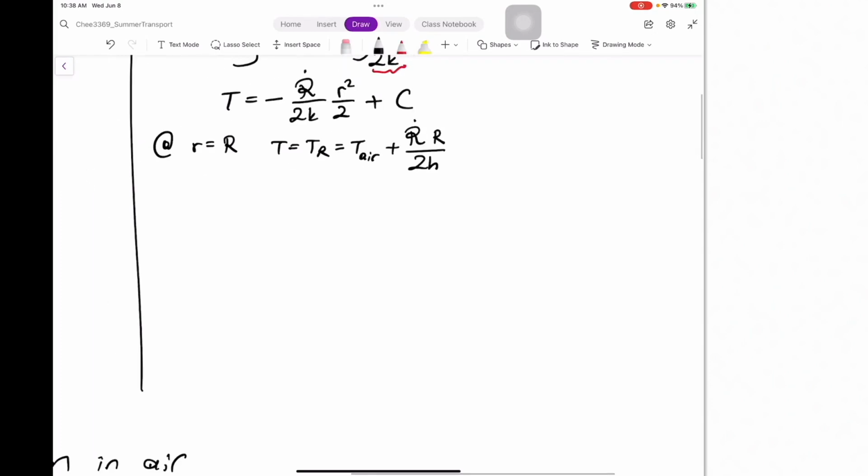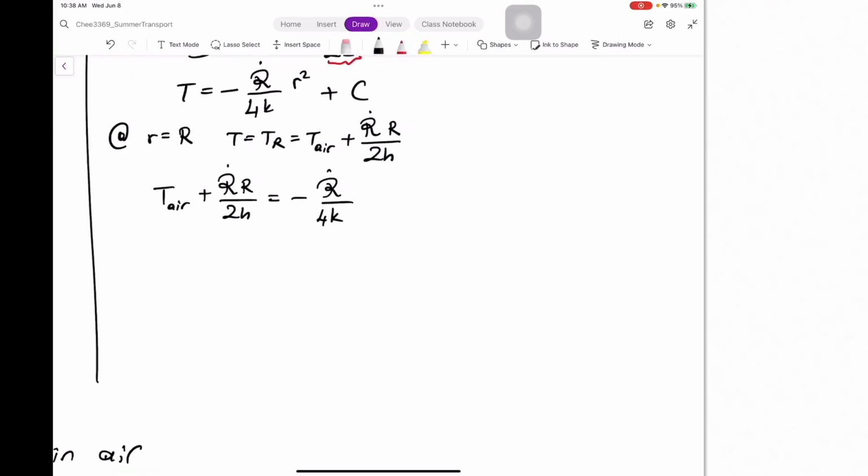And then I plug it in this equation and I find out T air plus fancy R capital R over 2H is equal to minus fancy R over 2. Sorry, this is 4K. You can combine this 2 and 2 and you can make it 4. Okay, good. It's 4K. Capital R squared plus C. You can solve for C.